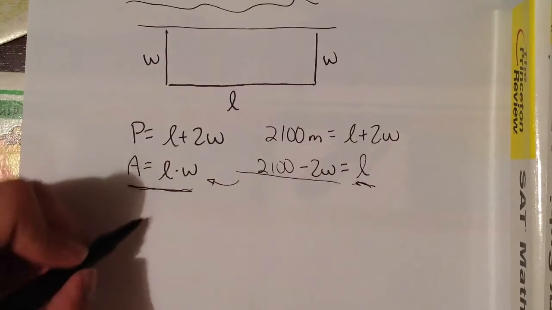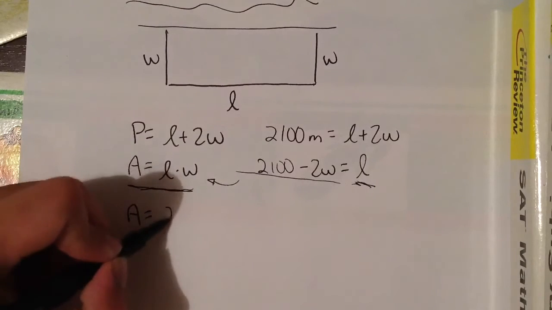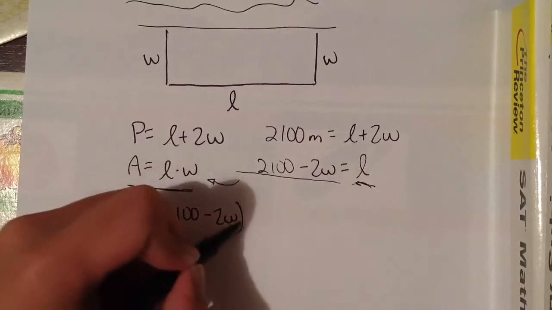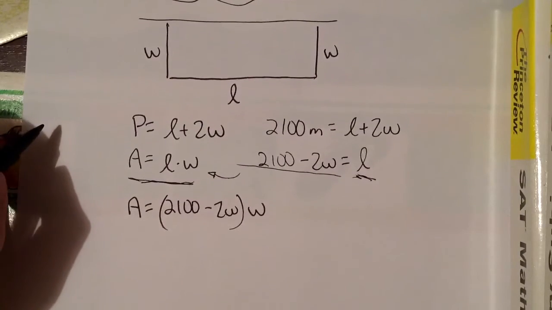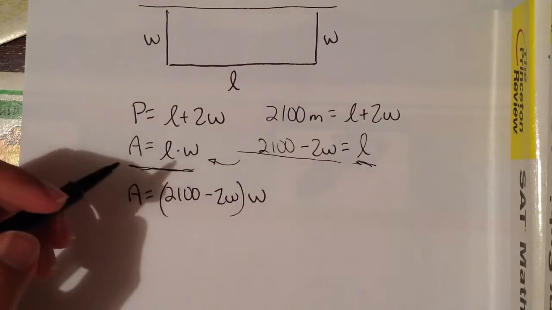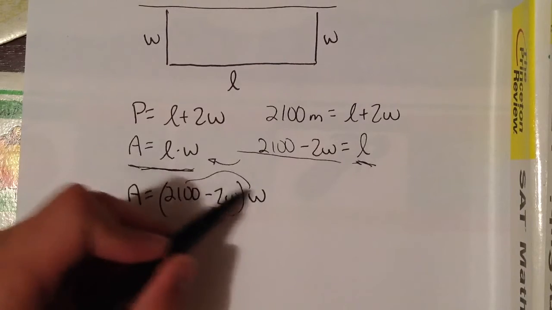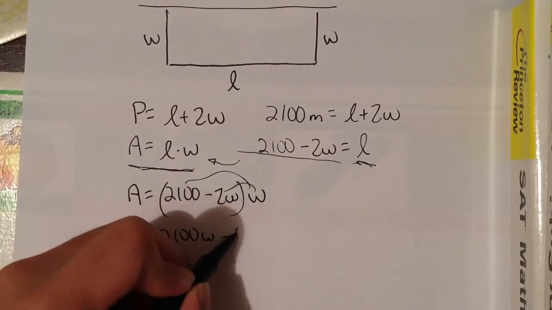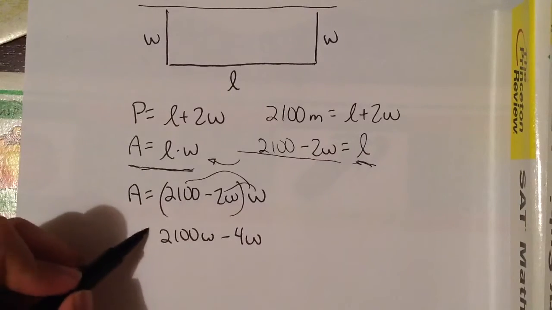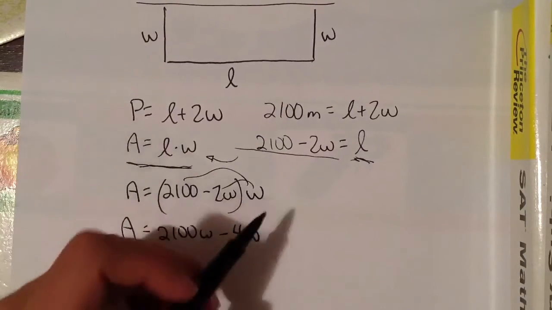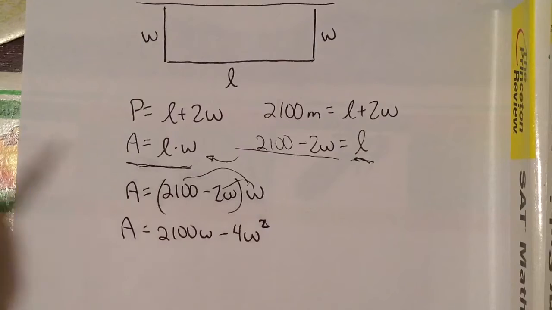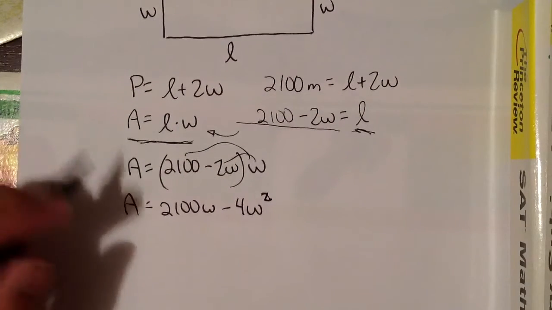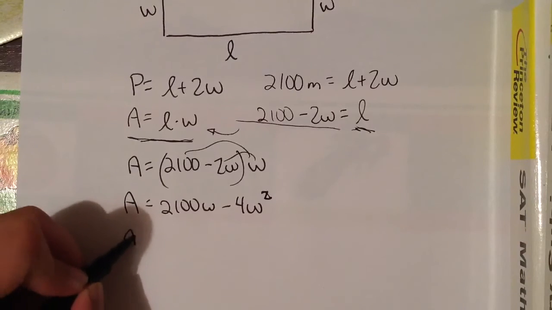So check this out. We're not ready to take the derivative yet. We still have to distribute. So this will give us 2100W minus 2W squared. Okay, now we're ready to take the derivative.